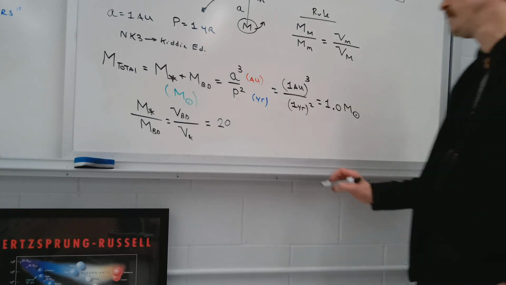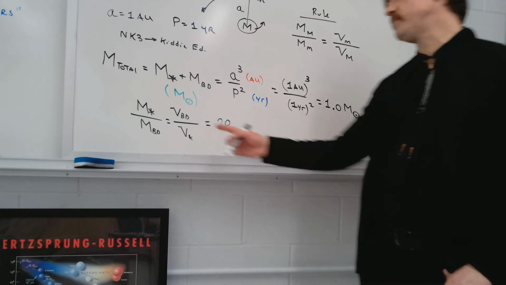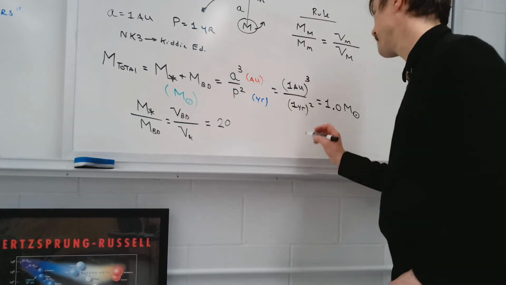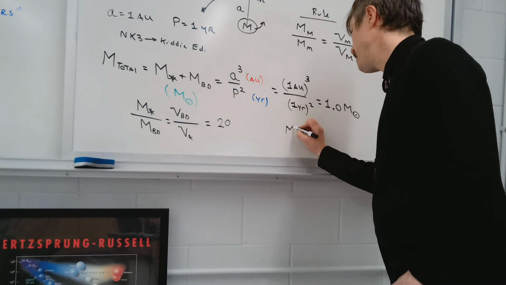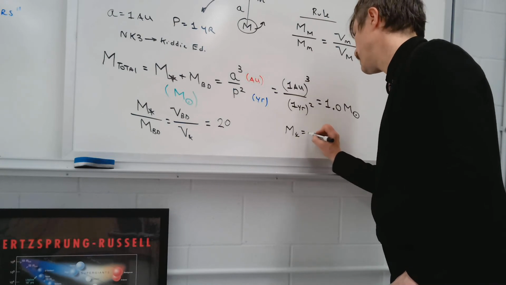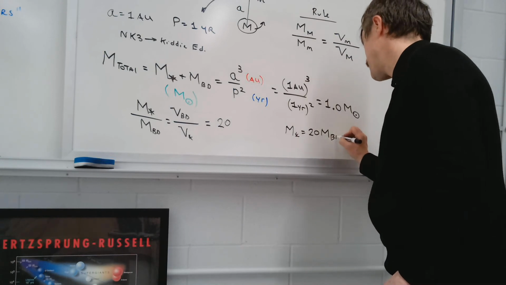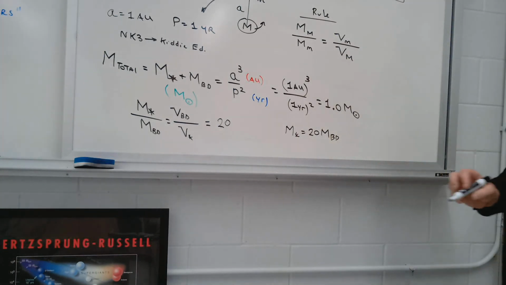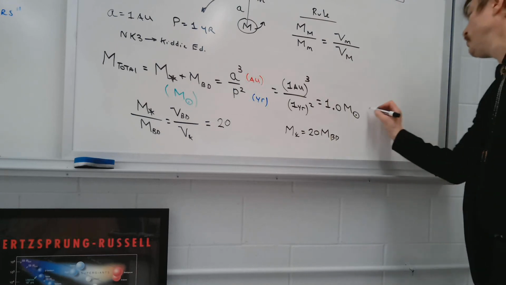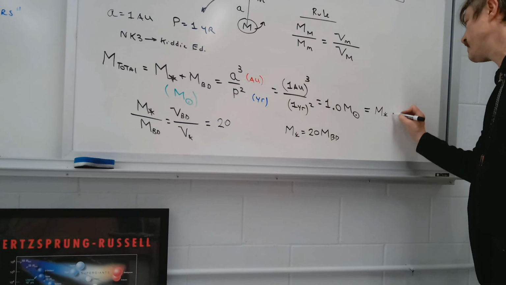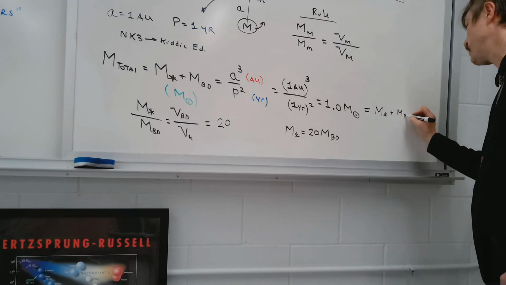Let's see. That means if the mass of the star divided by the mass of the brown dwarf is 20, then the mass of the star is 20 times greater than the mass of the brown dwarf. Right? You also know that one solar mass is the mass of the star plus the mass of the brown dwarf.